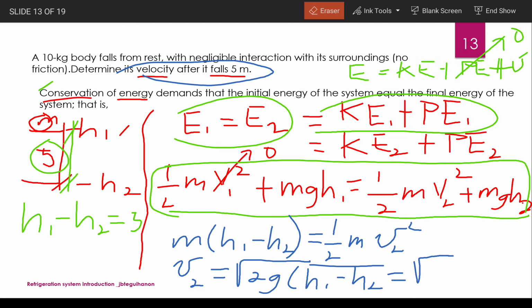That is actually 2. I change the color so that you can see it clearly. 2 times 9.81, the g is 9.81, multiplied by 5. Of course, that is under the square root.